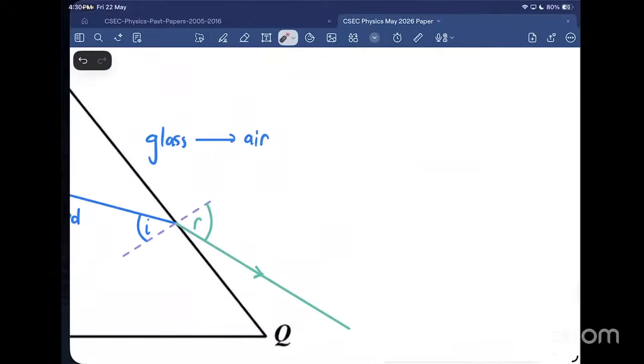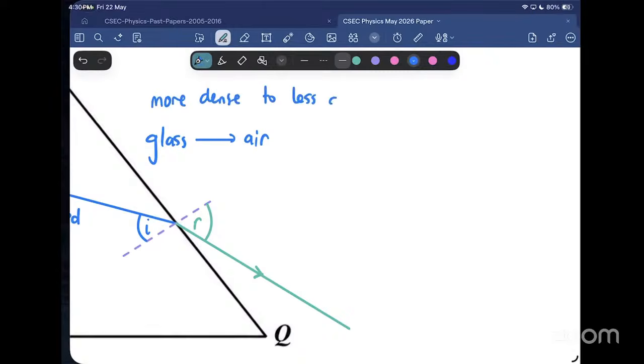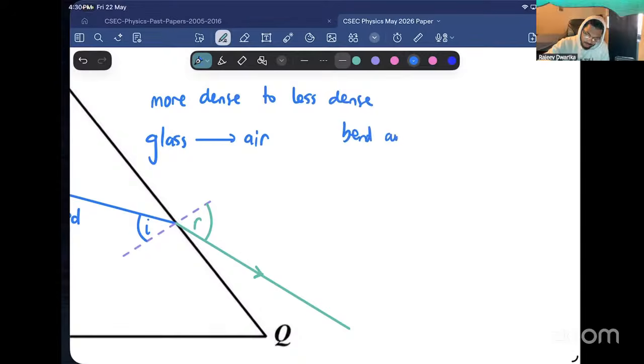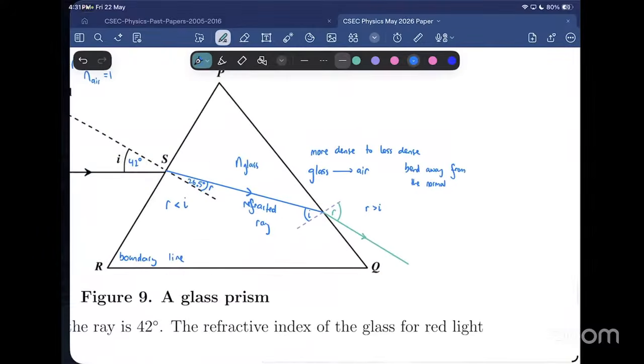How many of you guys figured this out? You have to show it bending away from the normal. And so in this instance, r would be more than i. If r is not more than i, you wouldn't get the mark.